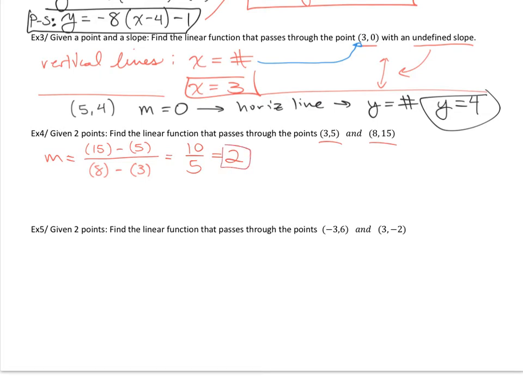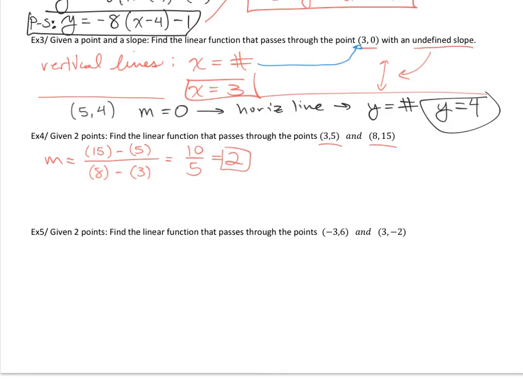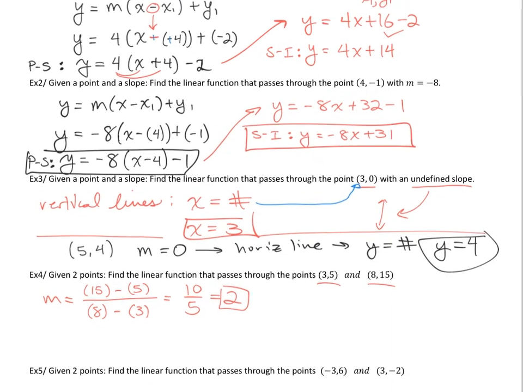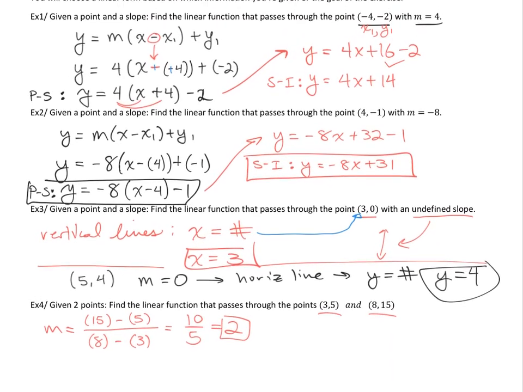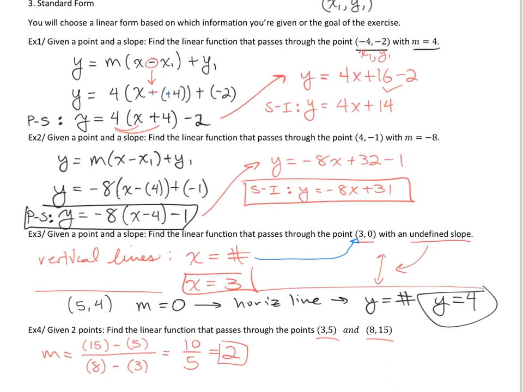So we had to do a little bit of work to get the slope here, but there it is. And now that we have a slope, we can use the techniques that we had up here in the first 3 examples. We were given a slope and a point here in example 1, so we were able to find a point slope formula and then solve it for y.